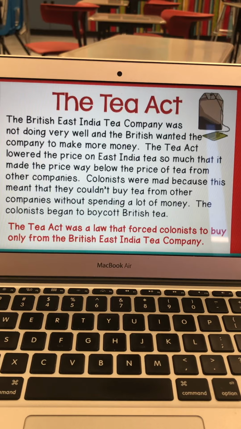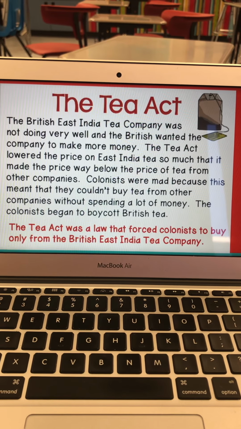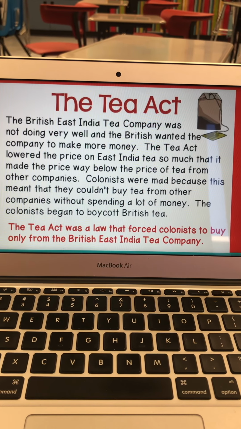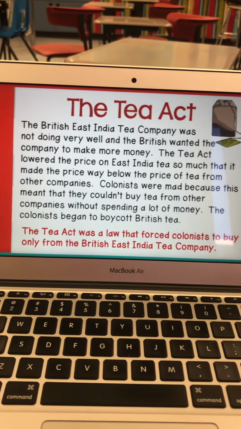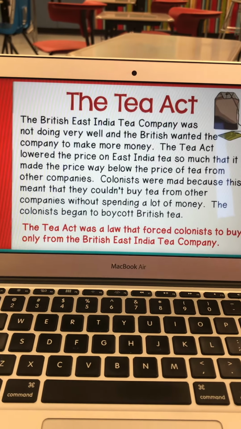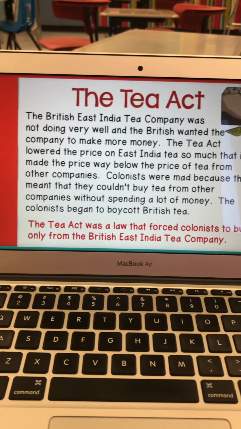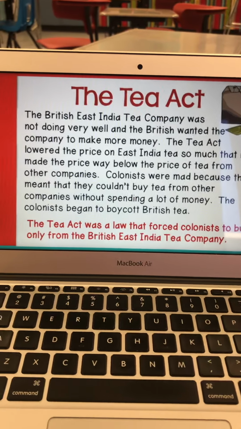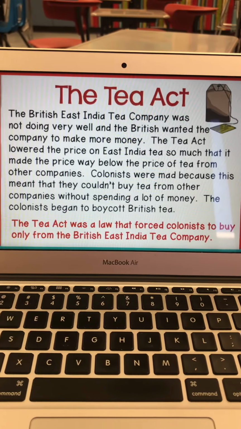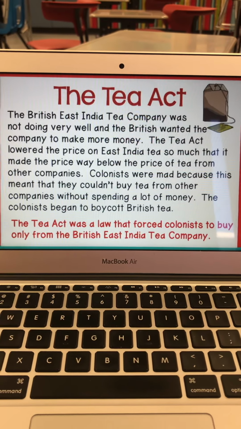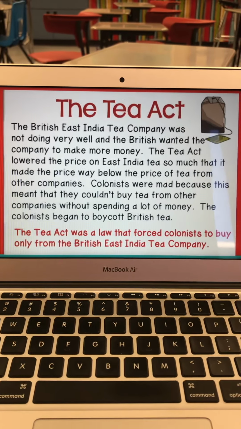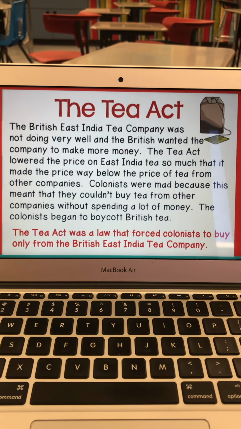It goes back to no taxation without representation. They were being taxed for other companies way higher, but on the British East India Tea Company, they're not being taxed as much. They didn't have an opinion about it.